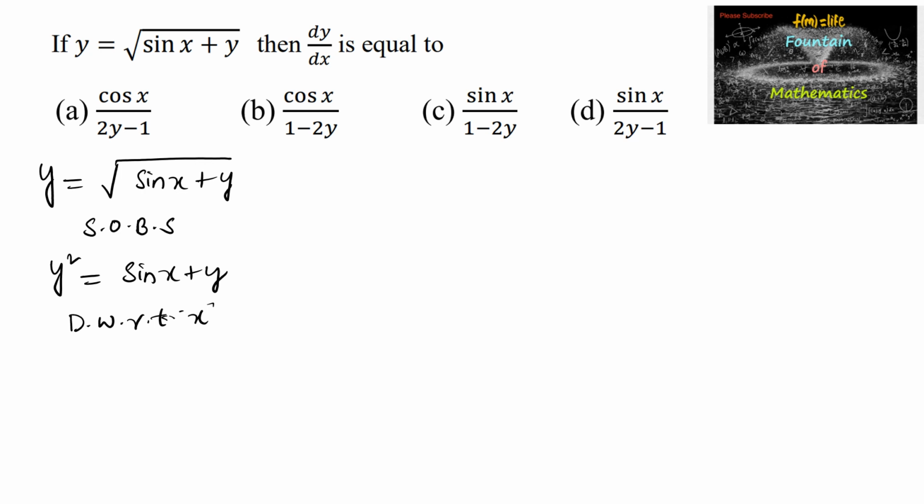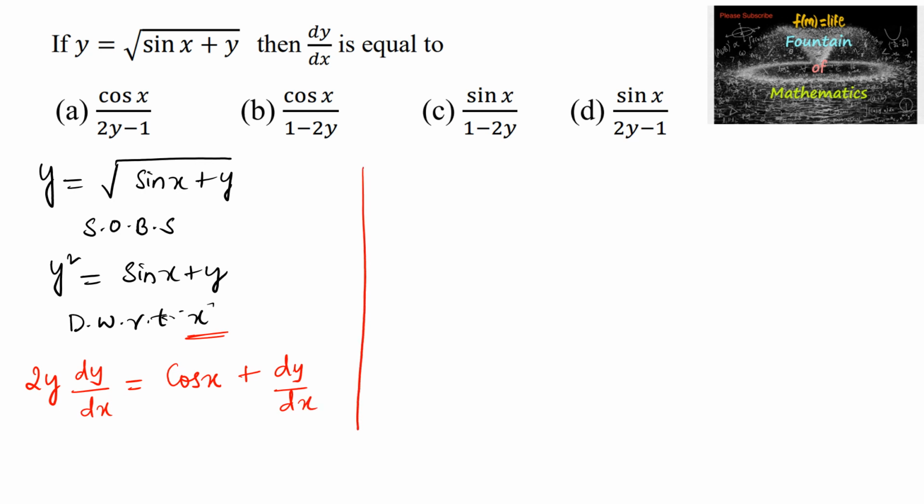So we get differentiation of y square is 2 into y. Since we are doing differentiation with respect to x, as per the chain rule we must write dy by dx is equal to, so differentiation of sin x is cos x plus y differentiation is dy by dx. So we can write now 2y dy by dx minus dy by dx is equal to cos x.